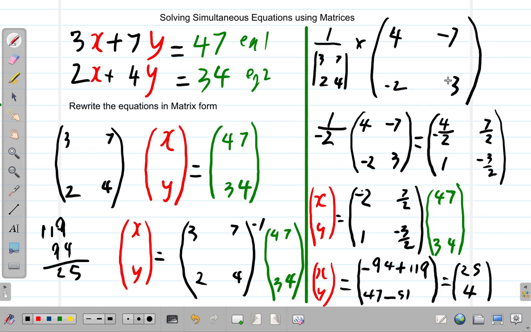Interchange 3 and 4. Change the sign of 7 and 2, good. And then we say this negative half times what we have here. This becomes 4 over negative 2, which is negative 2 here. Negative 7 over 2. Negative 2 over 2 is 1. 3 times negative half is negative 3 over 2.